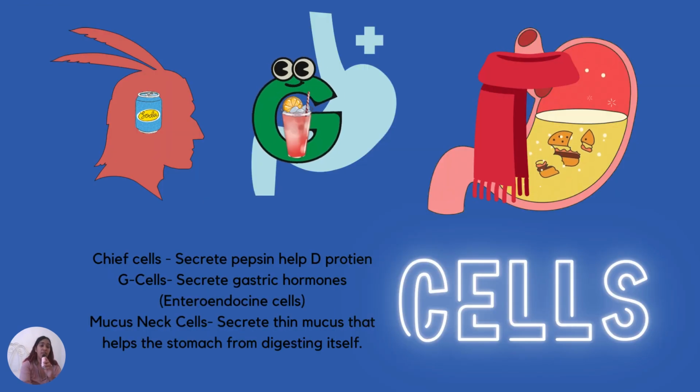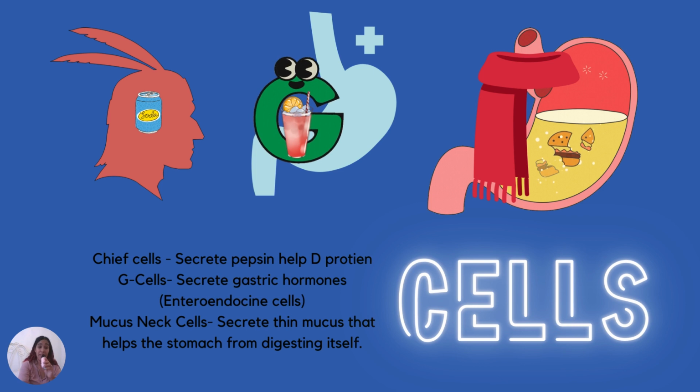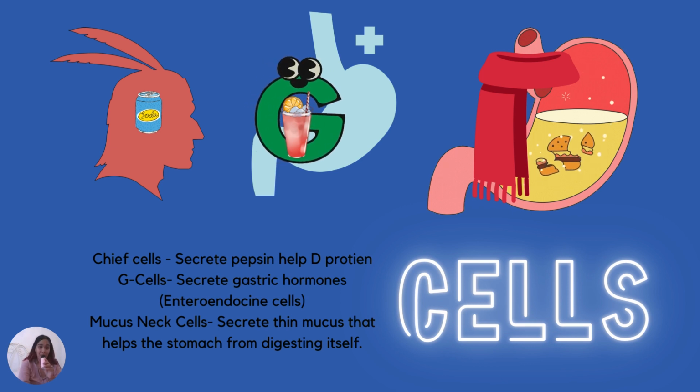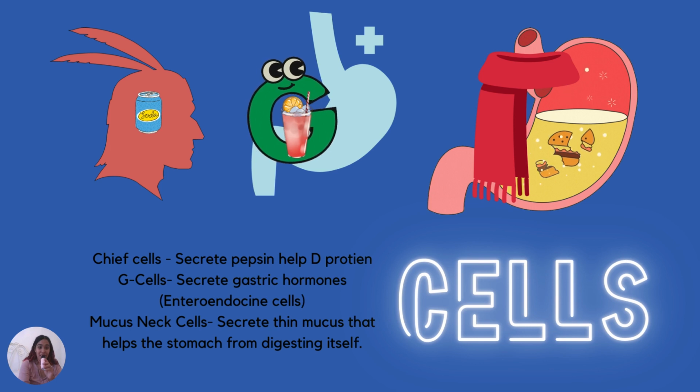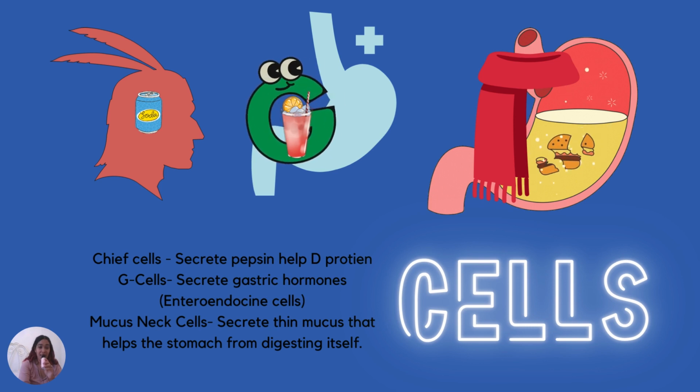We have the chief. He secretes pepsin. He has Pepsi on his mind. You have the gastric G cells, which also have a fancy big name that I wrote down here. Enteroendocrine cells. Spell it out, because this is one of those words. Enteroendocrine cells.